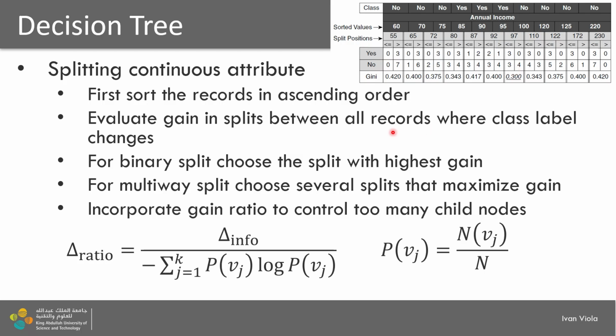The reason is that if we have this sorting, and then a change in class membership, then we are right at the border, and we maximize the number of members of one class on one side and minimize it on the other side.